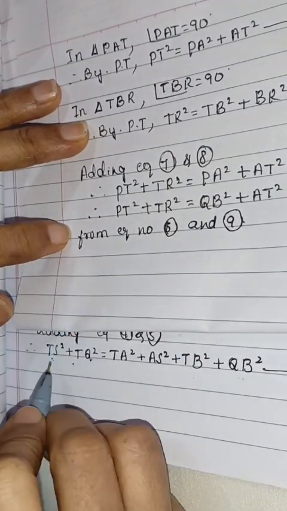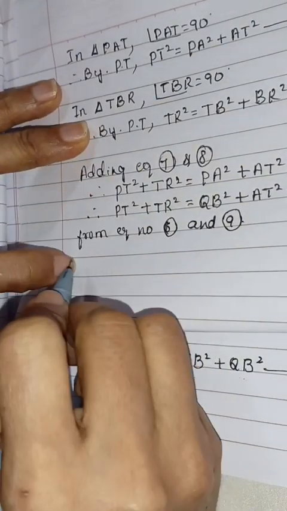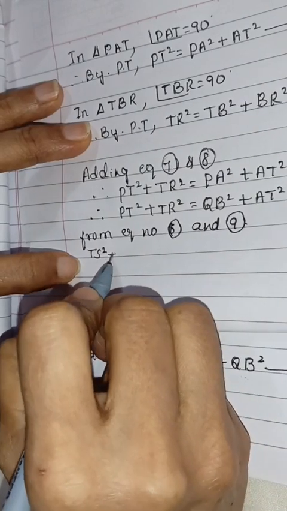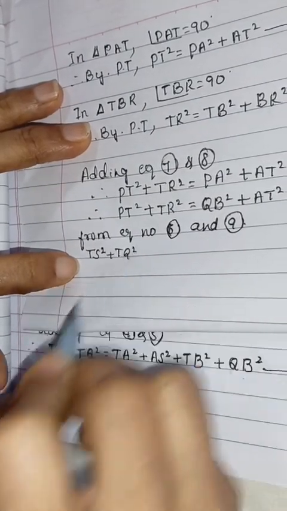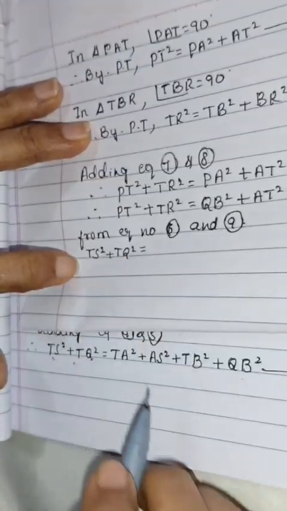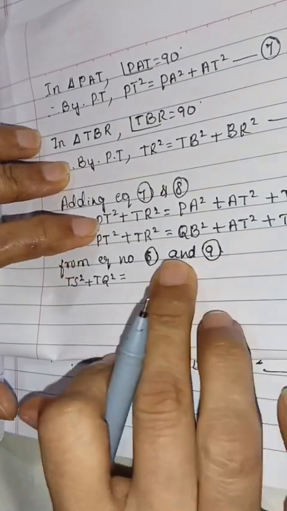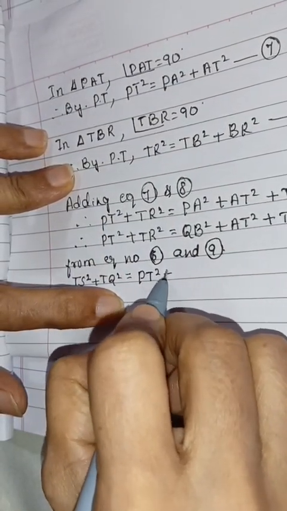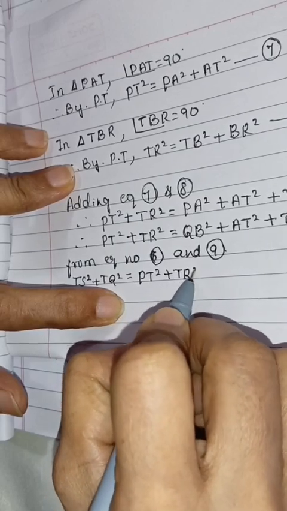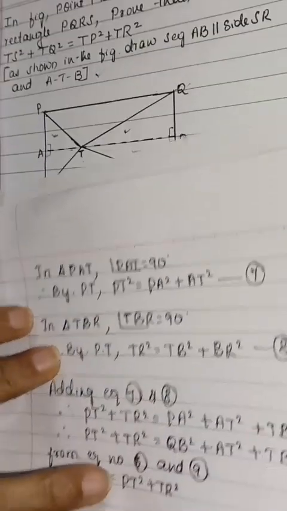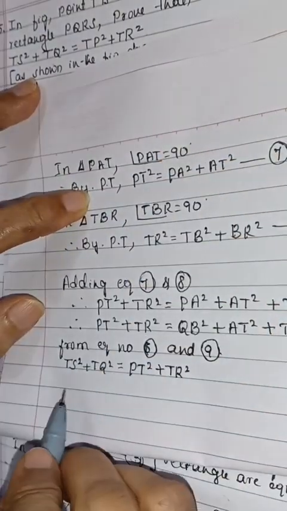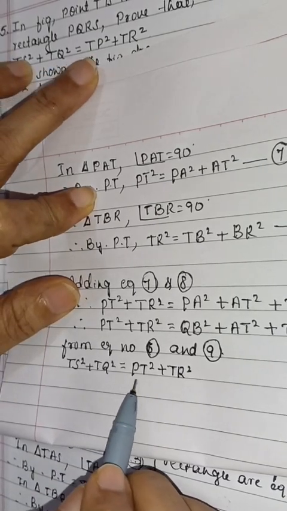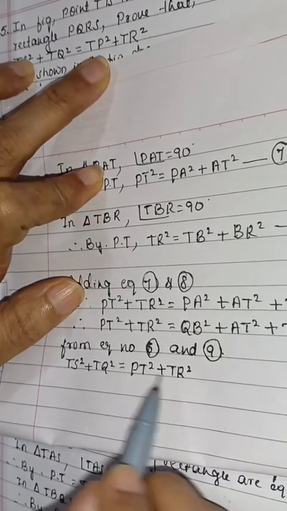Therefore 6 is TS square plus TQ square equal to 9. Equation number 9 is PT square plus TR square. See, this is what we have to prove.